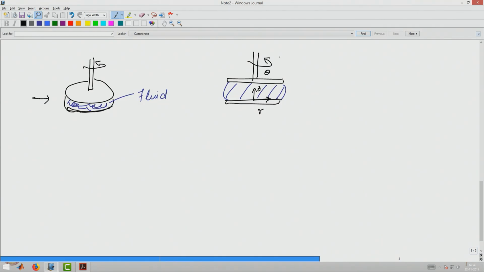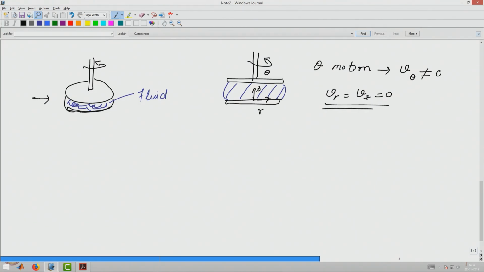In this case, since there is only theta motion, we have only v theta being non-zero. So, the overall velocity components v r as well as v z are 0, because there is no motion in z direction, no motion in r direction.